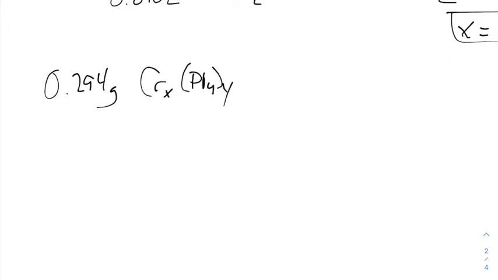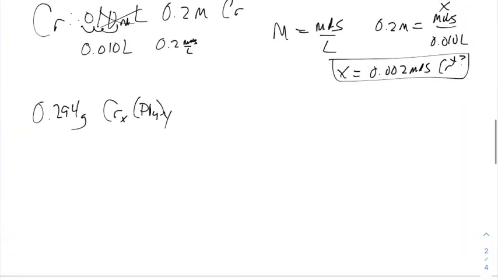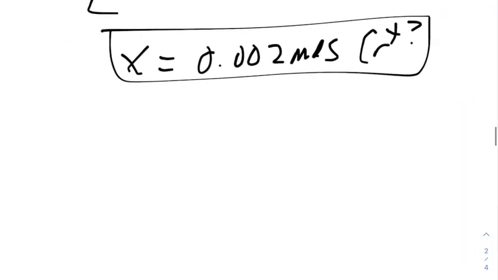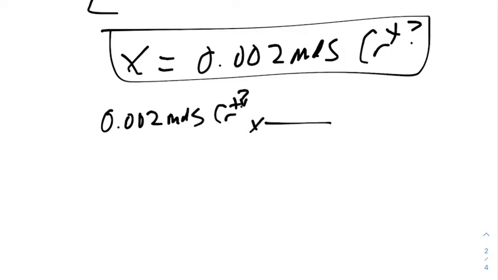In order to get the phosphate, I have to subtract out the chromium. No problem, because I have 0.002 moles of chromium. So if I have 0.002 moles of chromium, I can multiply that times its molar mass. Look on your periodic table. And that's going to be 52 grams per mole from the periodic table.